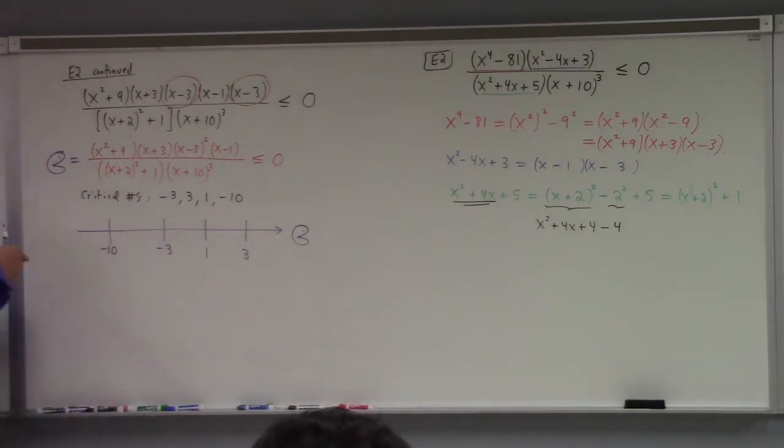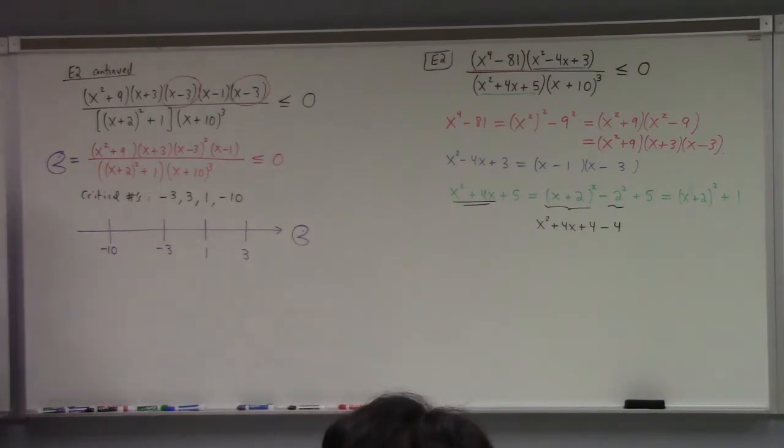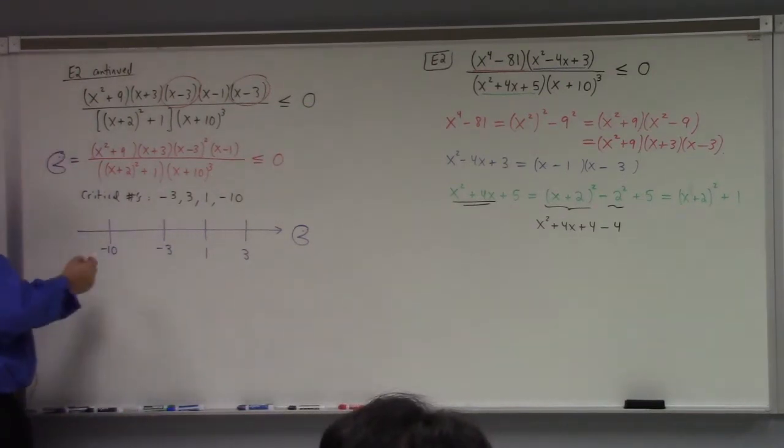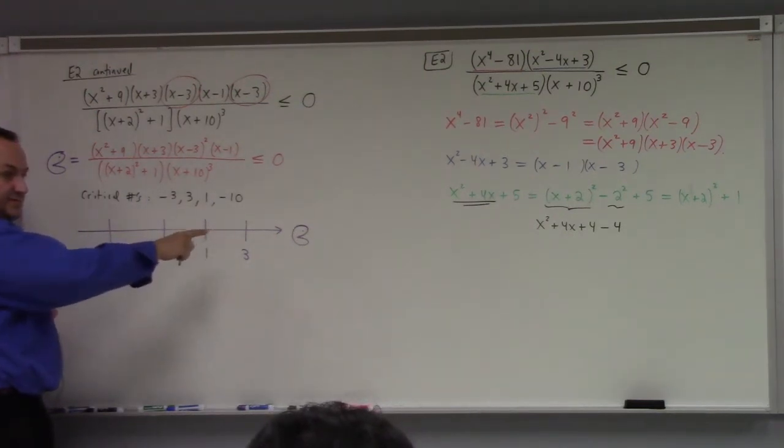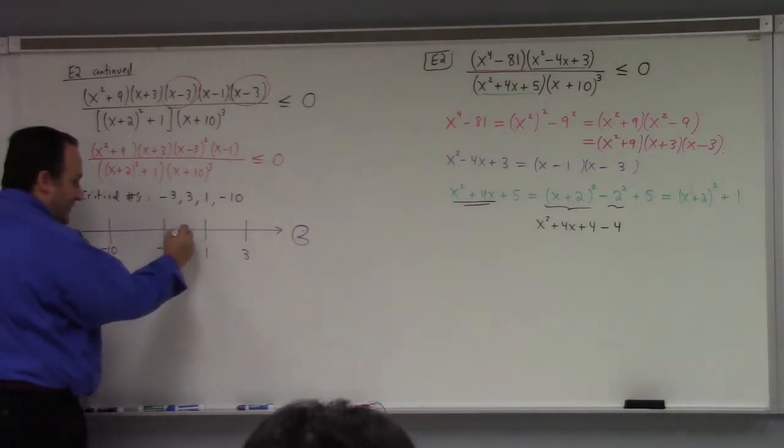It doesn't matter. This is just a guide. We're really just keeping track of pluses and minuses in each case. So I always start with 0 if it's not a critical number. If 0 is a critical number, then you have to pick something else for your initial test point. But 0 is a nice choice here. It's not a critical number, so I can choose 0. Where does 0 fit? Between negative 3 and 1, that's where 0 is, right?